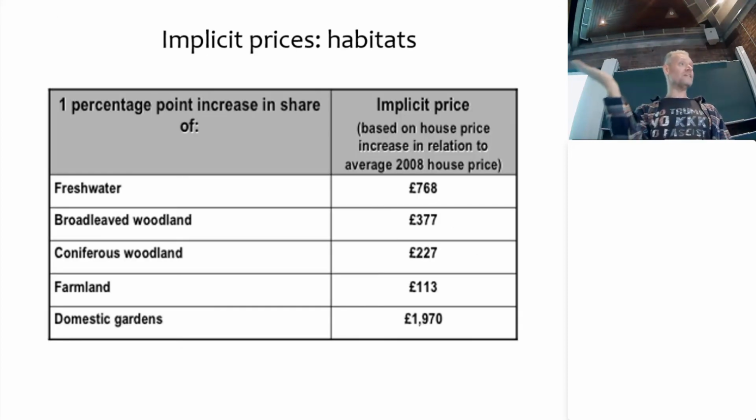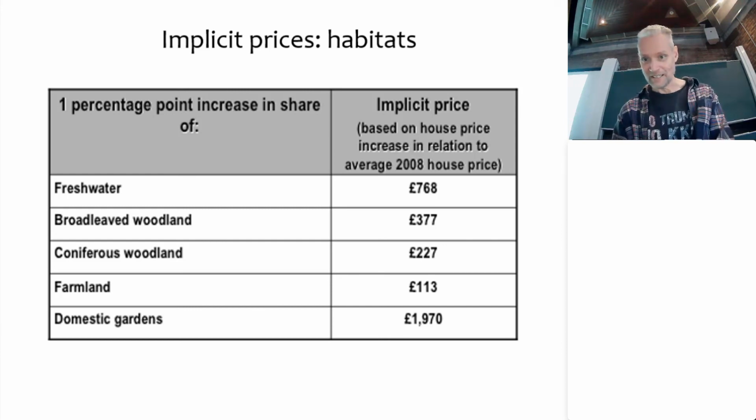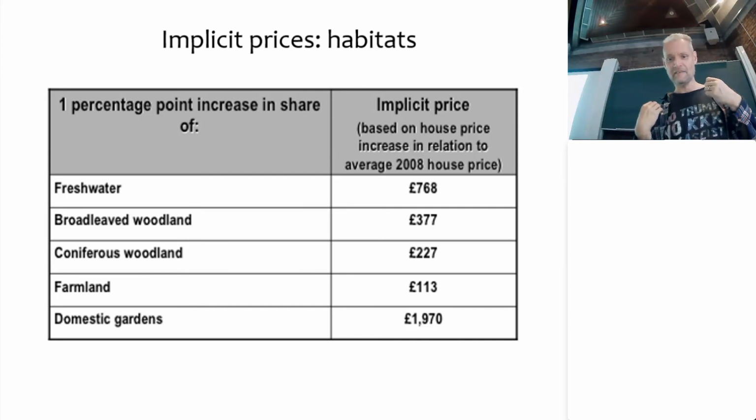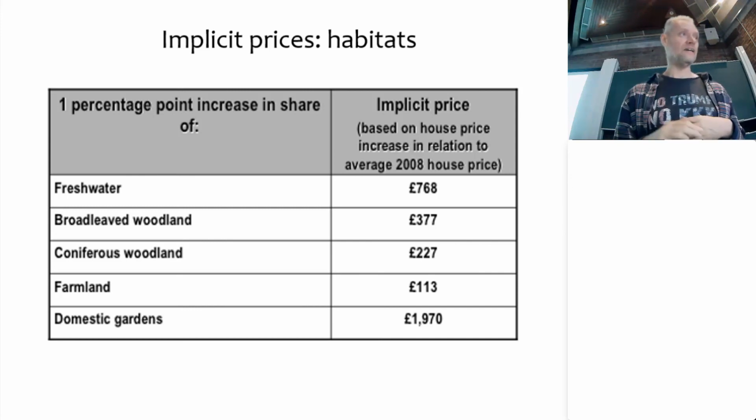And then they ran the regression and found these as implicit prices. If within 1 kilometer square of your house there is 1% more fresh water, then the price of your house goes up by £750.